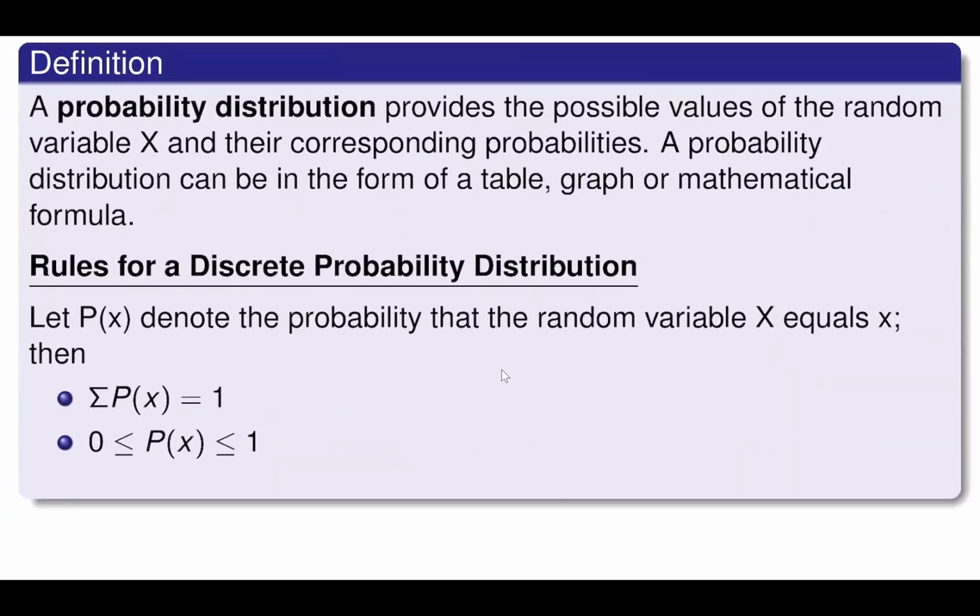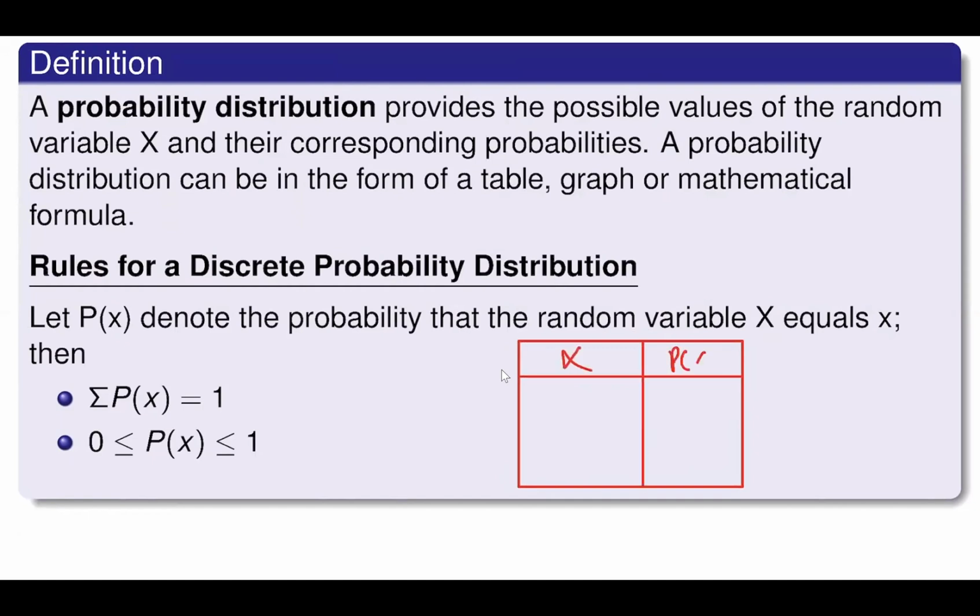All right. So there are some rules for the discrete probability distribution. When I talk about a discrete probability distribution, I'm talking about the table. So we're going to have an x, and then we're going to have a P of x, and then we're going to have values filled in here.